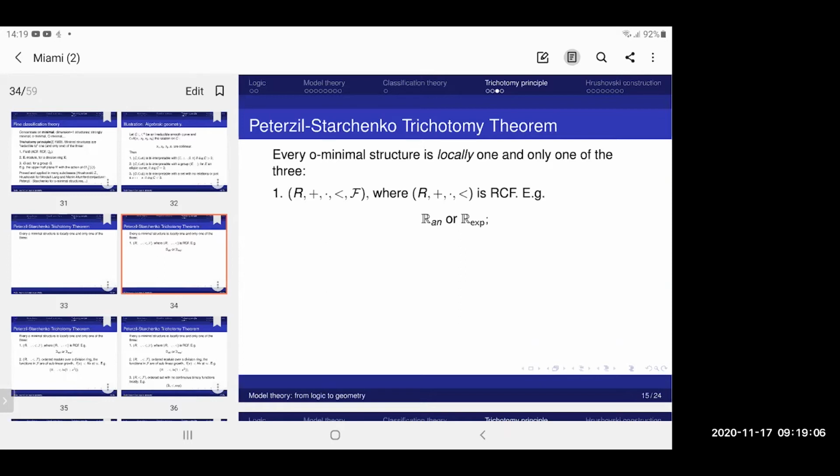So finitely many intervals are what your definable sets look like. And so the first case says that if certain conditions are satisfied, then you are in the first case.